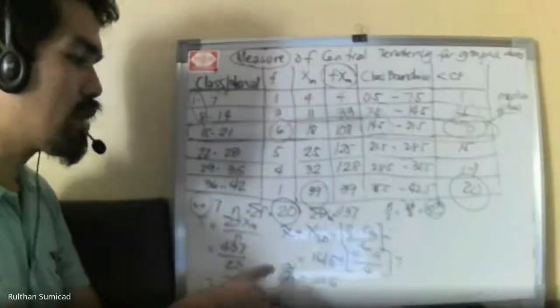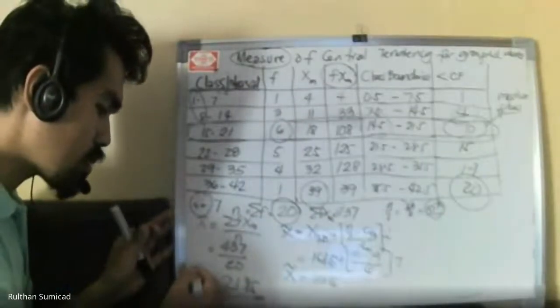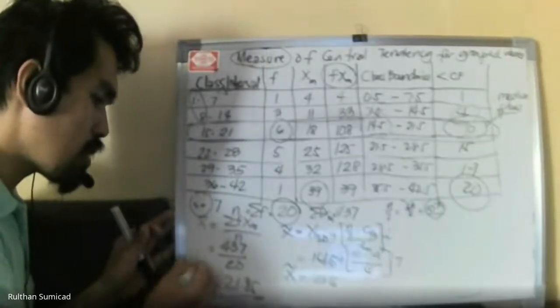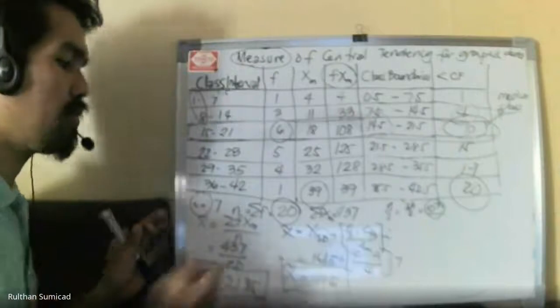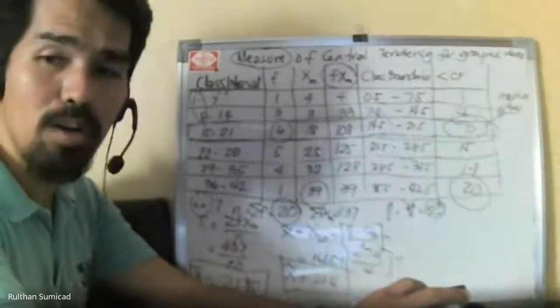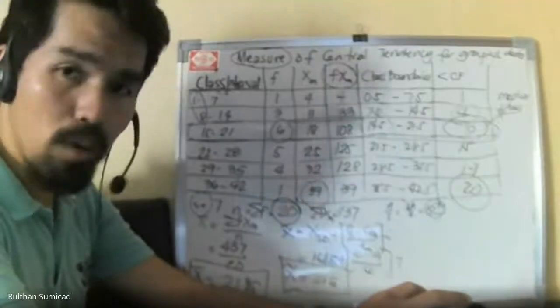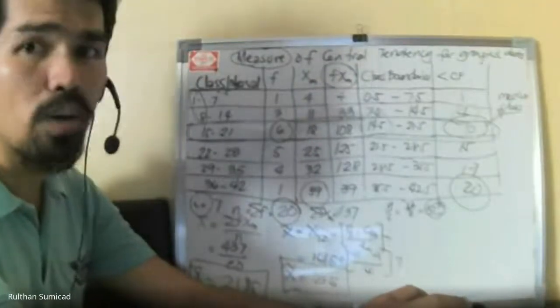Okay, I see. So this is now our median. We have our median value. We're down to the last measure, which is the mode. Again, mode is defined to be the most frequently reoccurring value.